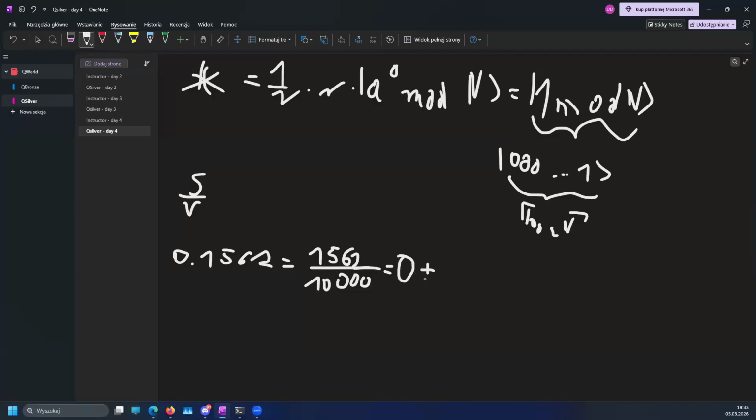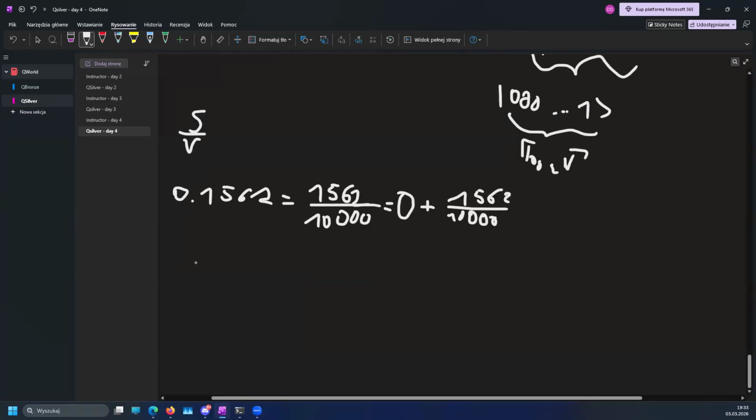So we will need an integer that will give us the non-remainder value after doing this division. So this number is smaller than 1, so here is 0, 6, 2, and 10,000.